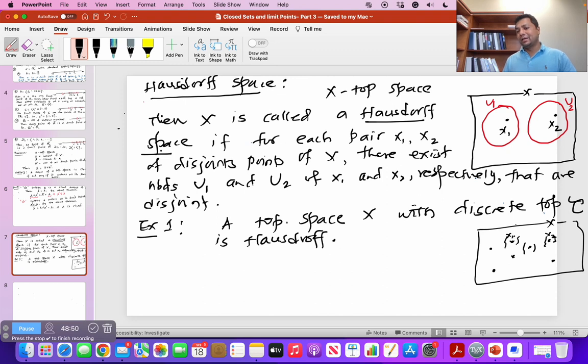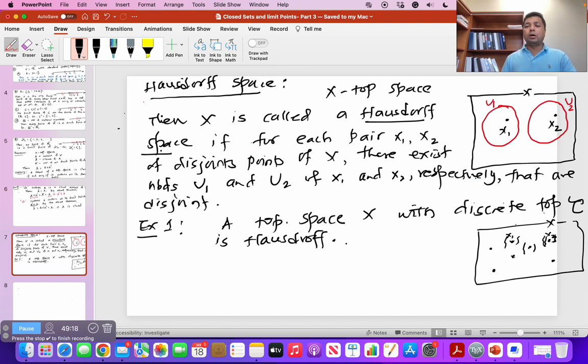So like I said, for this x1 we can take this singleton as a neighborhood of x1, because a singleton is an open set in the discrete topology, and for x2 you can take this singleton as a neighborhood of x2. Since x1 and x2 are distinct, and those singletons have just one point each, obviously those neighborhoods of x1 and x2 are also disjoint.